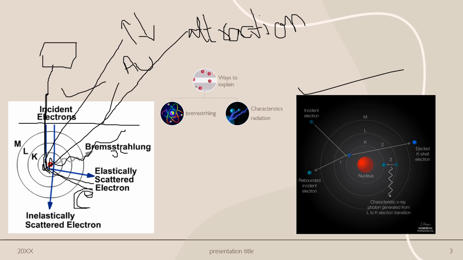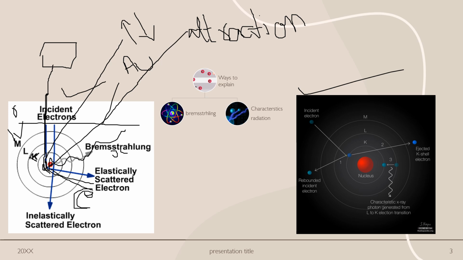This is called the Bremsstrahlung model. Heavy atoms mostly have all the shells, K, L, M, N, O, so the electron passes through all the shells and penetrates.